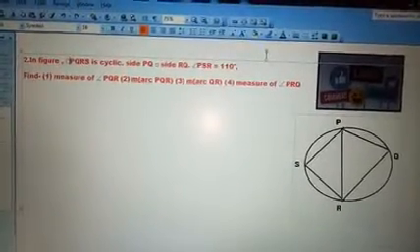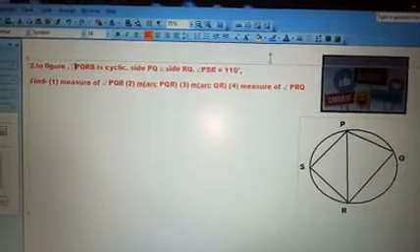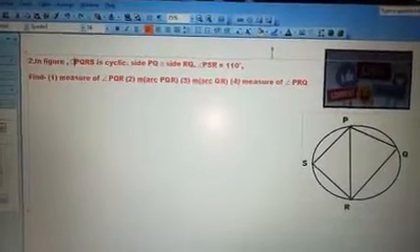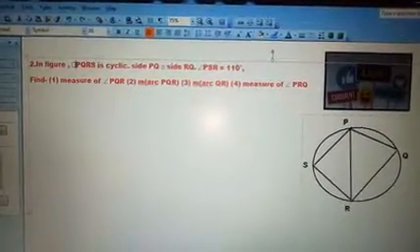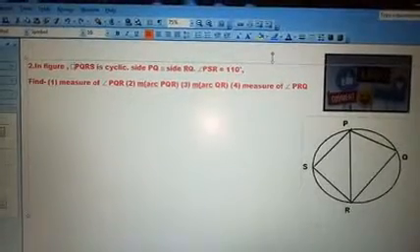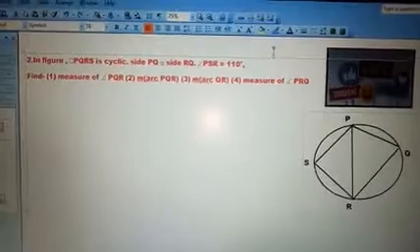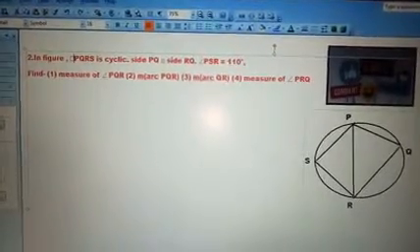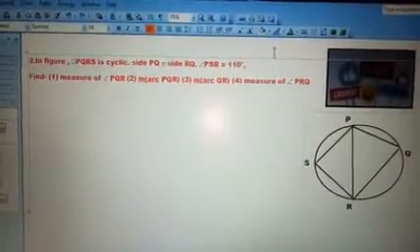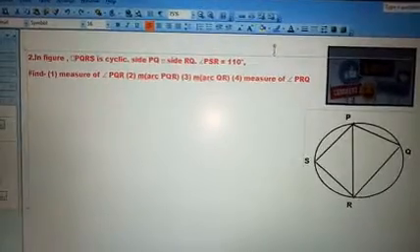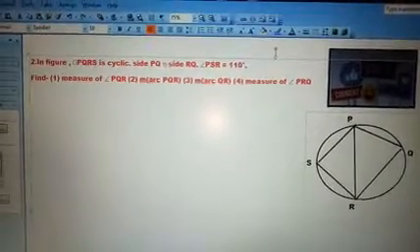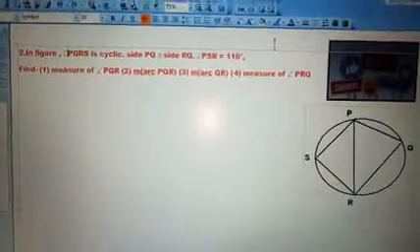Angle PSR is equal to 110 degrees. Find the measure of angle PQR. Next, measure of arc PQR. Third, measure of arc QR. Fourth, measure of arc PRQ. Okay, so let's see.